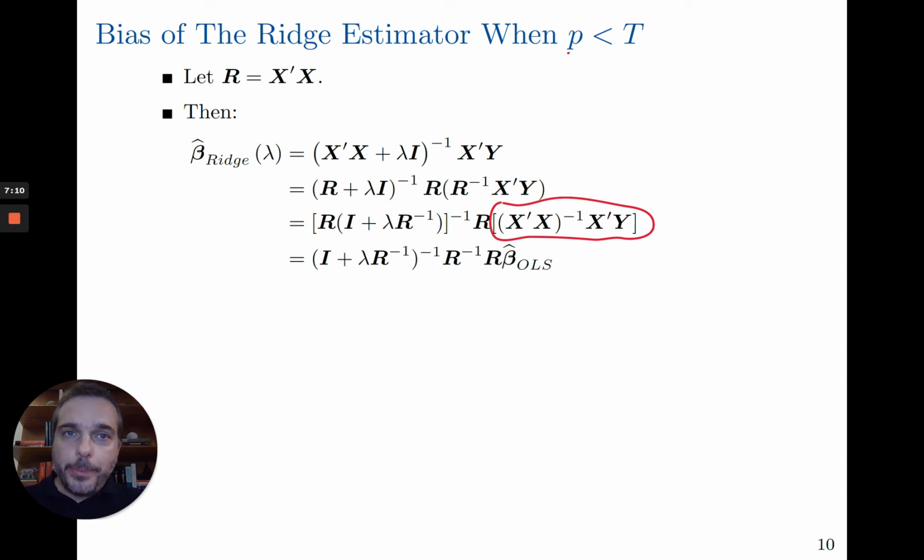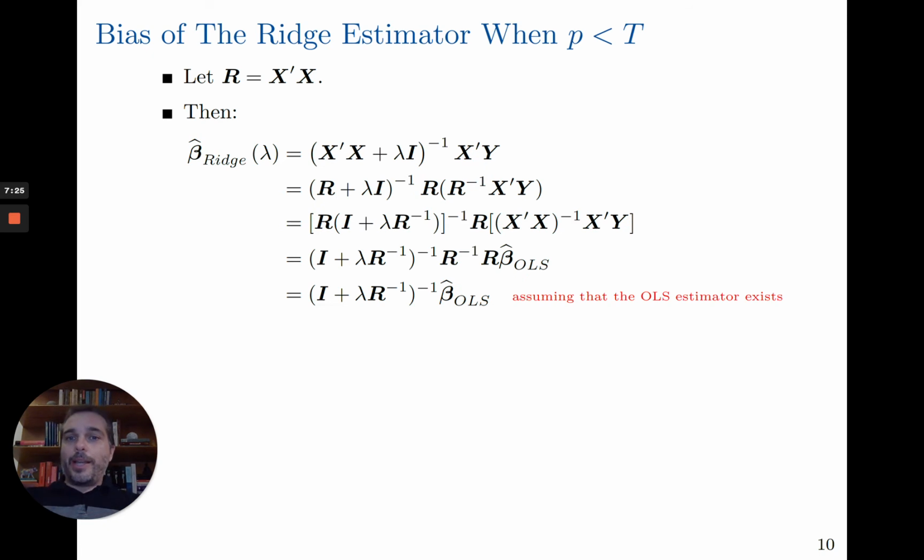If p is less than t, this is exactly beta hat OLS, assuming that beta OLS exists, so that this inverse exists. But what's this term here? Oh, this is the identity. So the beta ridge is the beta OLS, and this is important, because then this is well defined.